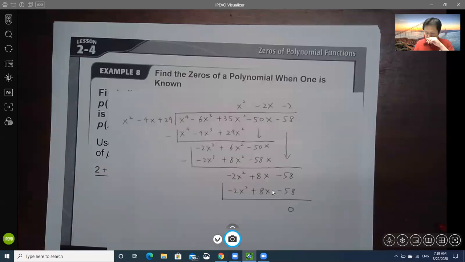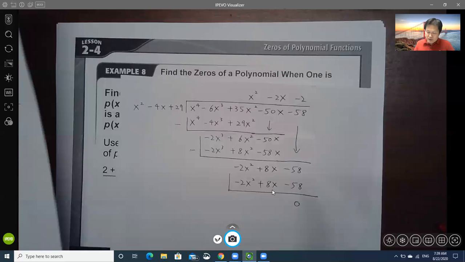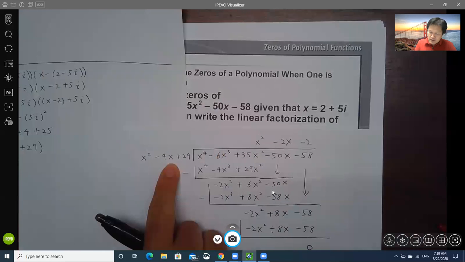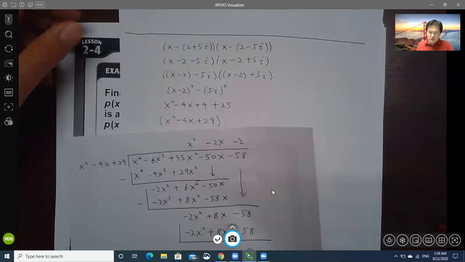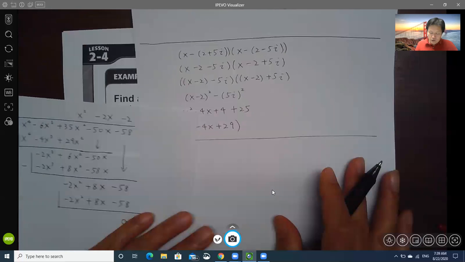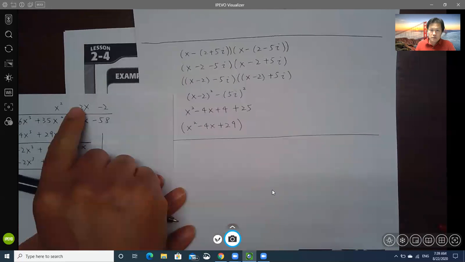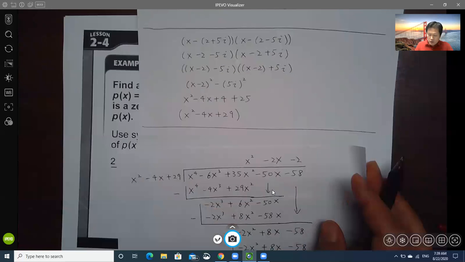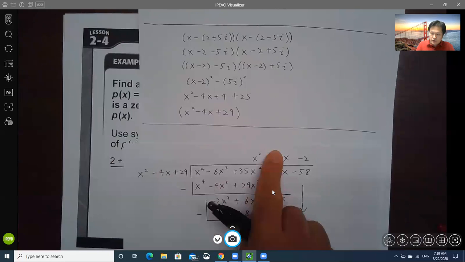Okay, so what does that mean? That means you can express this divided by this is this. So you can rewrite the entire equation as that times this, divisor times quotient.